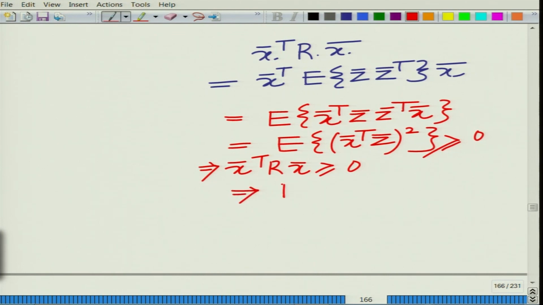This implies by definition R has to be a PSD matrix. Therefore, any covariance matrix is always a positive semi-definite matrix, and this has very interesting applications.